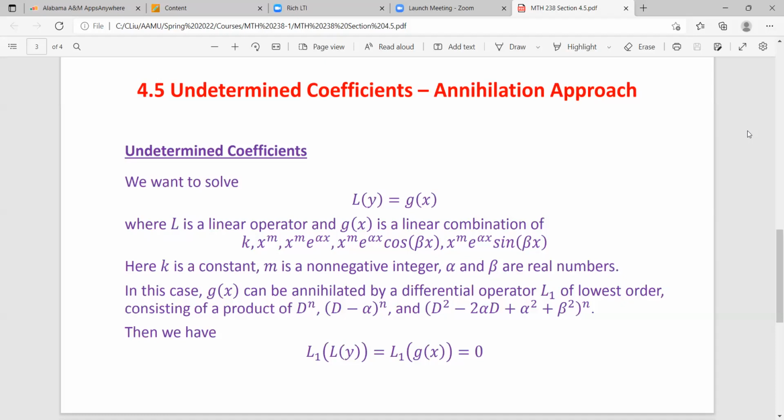You have some functions on the right-hand side of the original differential equation, but if you apply the annihilators on both sides, you can make the right-hand side 0.